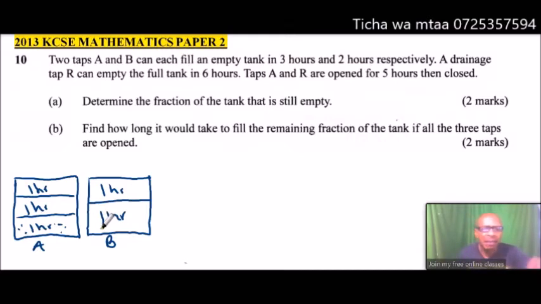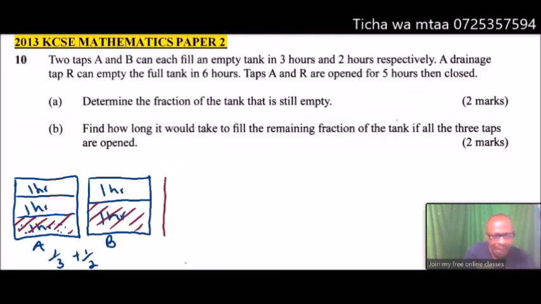What does that mean? It means that if these two taps are open at the same time, this will fill a third of the tank, and this will fill a half of the tank. So you add a third and a half. That is the fraction of the tank. So this part here and this part here is the amount of water that will be in the tank.